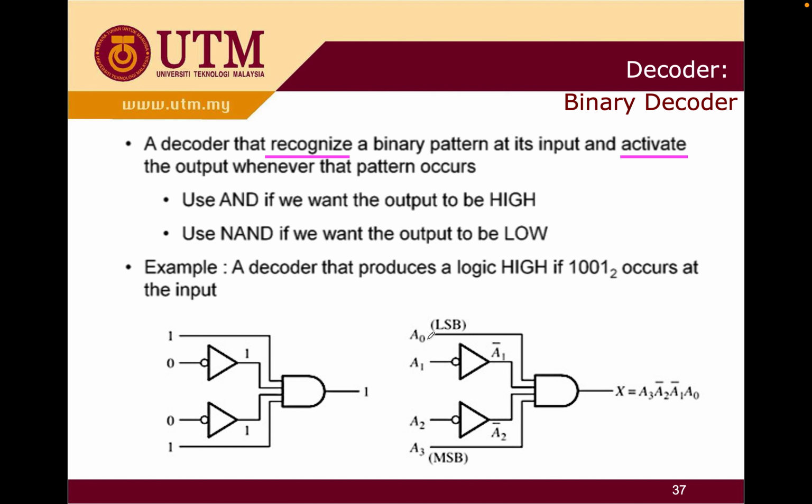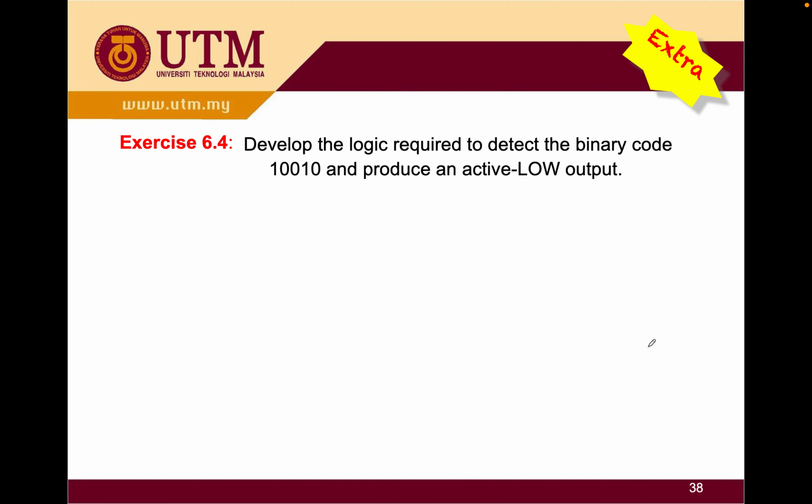You have A0, A1, A2, A3. This is your output, for your output to be high. So there is an example here.